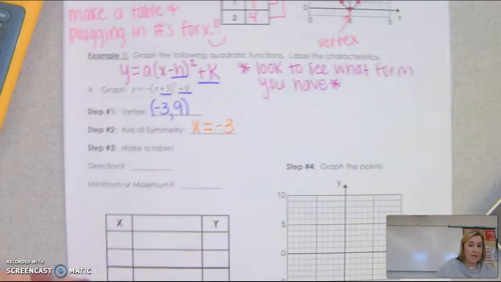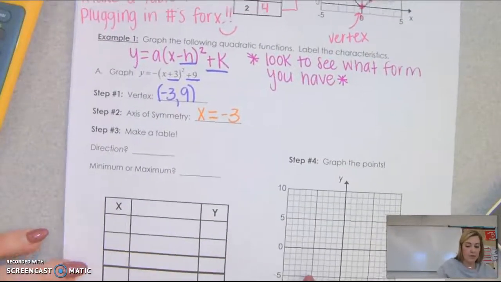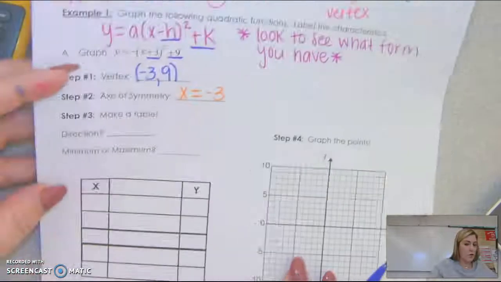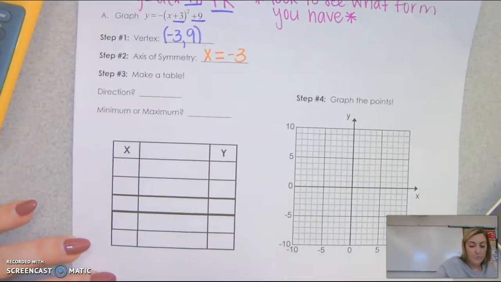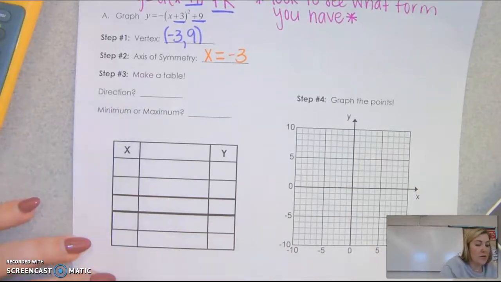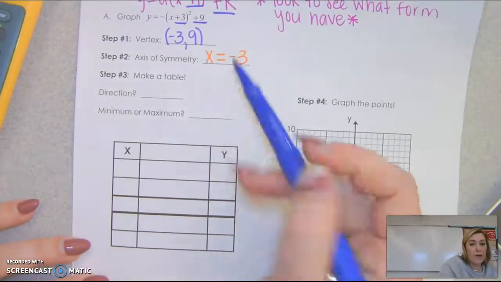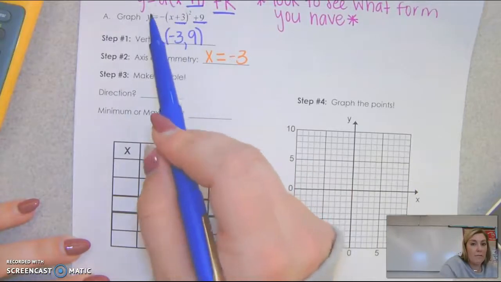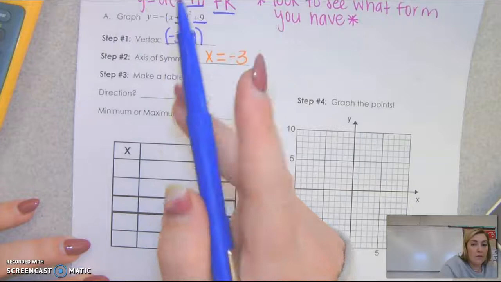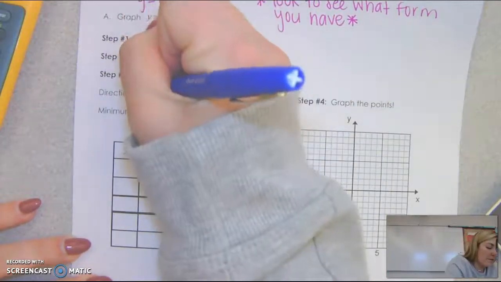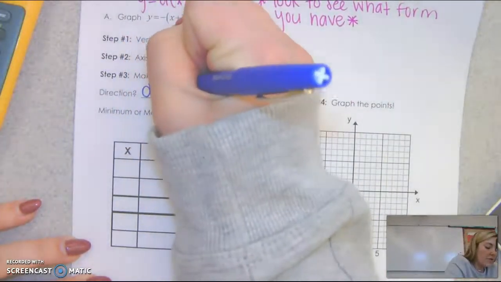Step 3 would be to make a table. We have a table down here that we're going to go from. If you didn't have a table ready for you, you would make one. It wants to know what direction it's going in. You can tell what direction it's going in by the number that's in front of the parentheses. Since there is a negative in front of the parentheses, that means my parabola is going down.